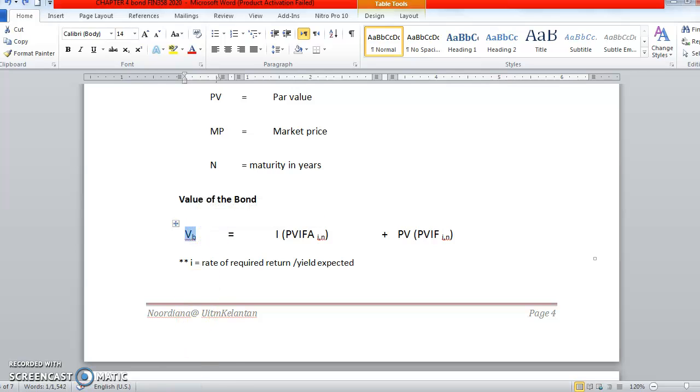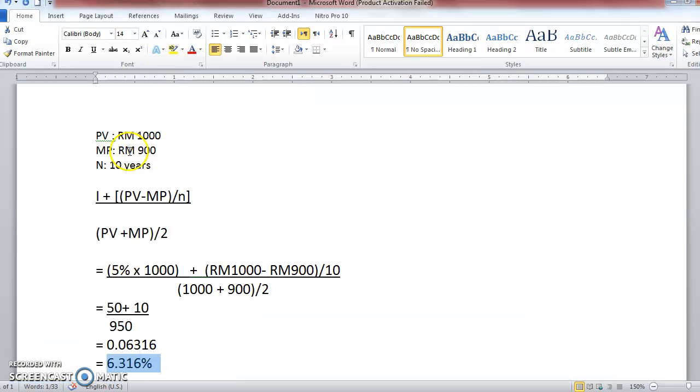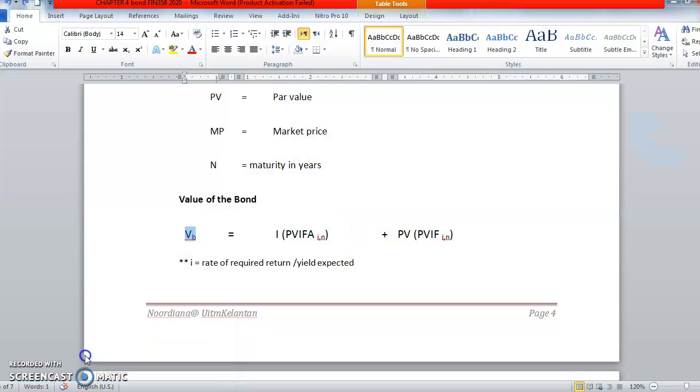Katakanlah tadi, market price given adalah 900 kan. Harga pada par value adalah 1000. So, kita nak tahu how much is the value of the bond itself. Value sebenar dia, nilai sebenar dia. Adakah melebihi 900? Adakah kurang dari 900 harga market price dan sebagainya. So, that's why dia akan ask you untuk calculate the bond valuation.